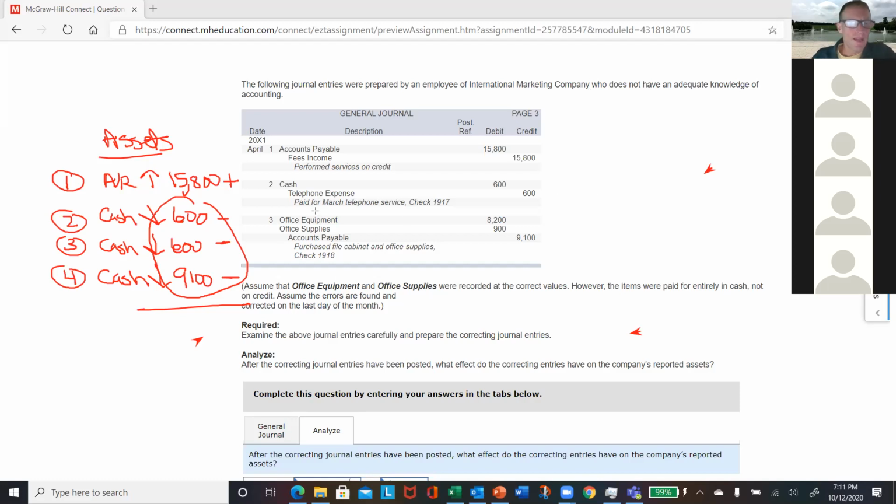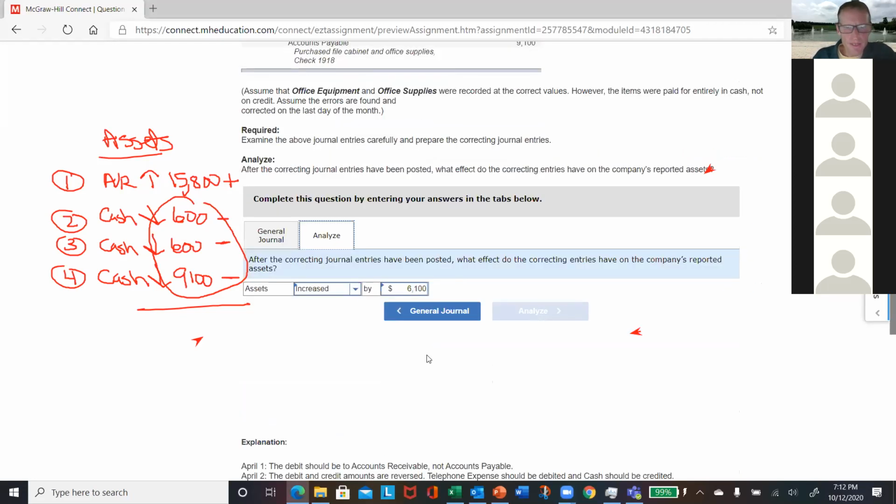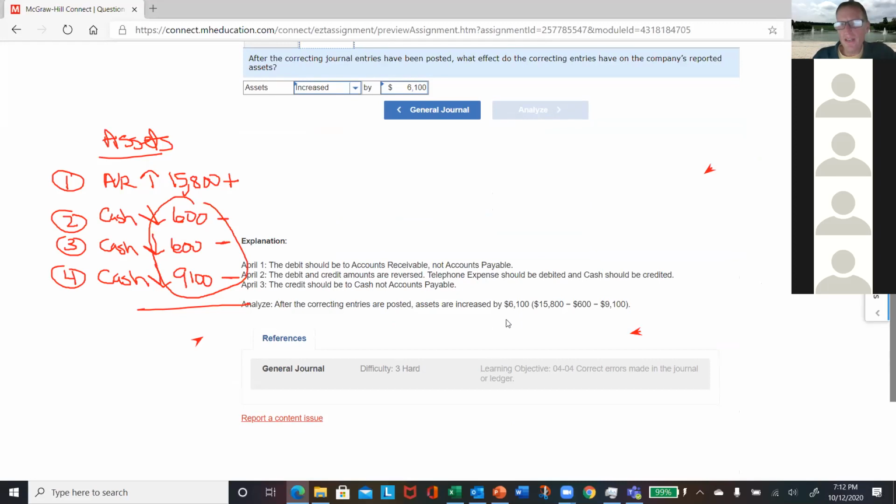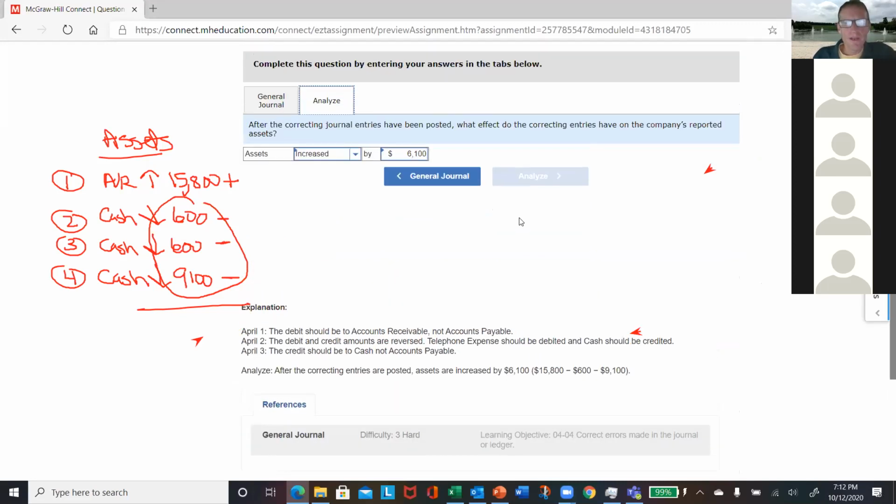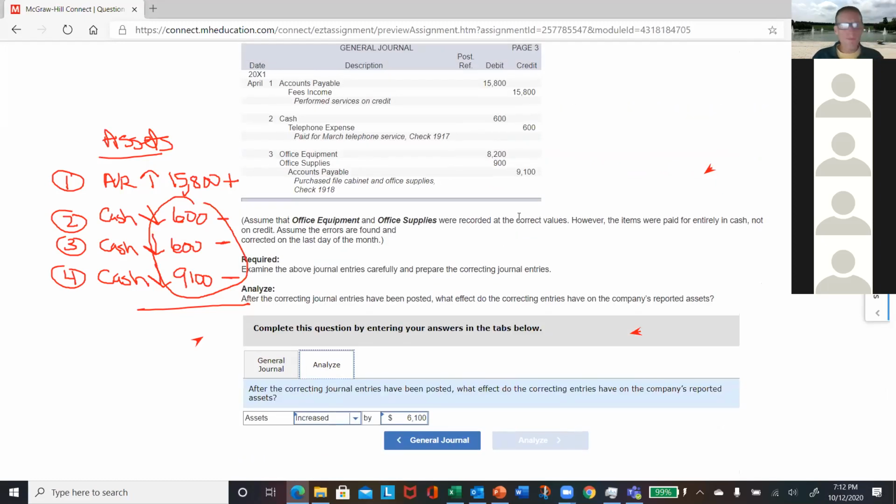So based on what I'm looking at, if this is the approach you followed, and that's not what they're giving you, to me it should have gone down by another 600. 5,500 should be the correct answer. So I'll make a note. I'll make sure that nobody is penalized for that, by the way.